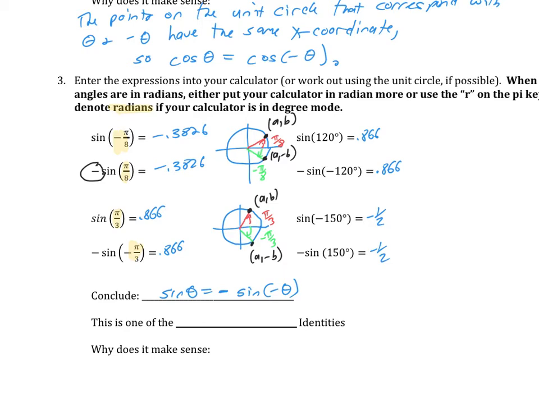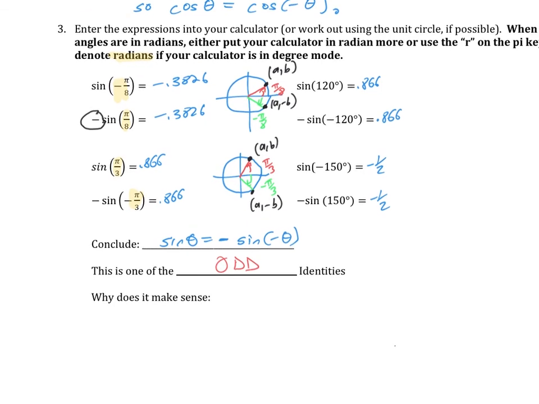It will be true for any angle because it's an identity. And this is called an odd identity. So the previous one with cosine was an even identity, and this is called an odd identity.